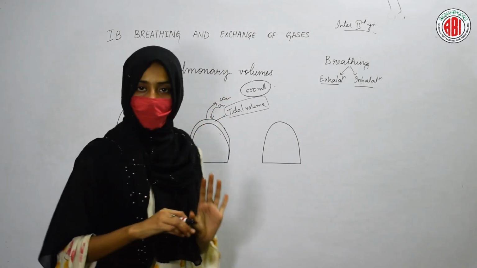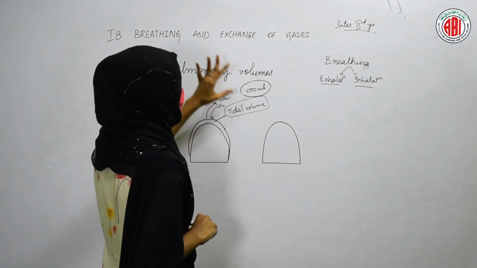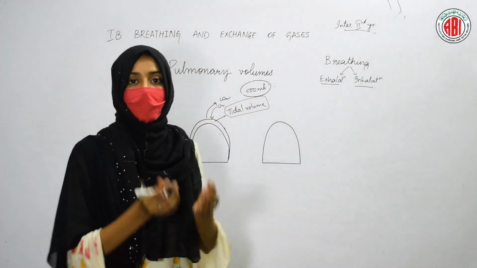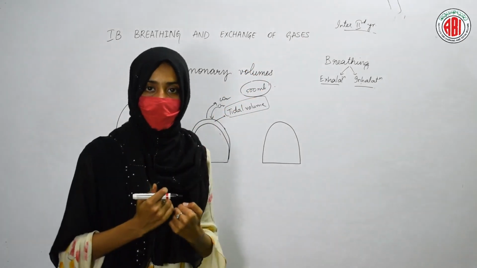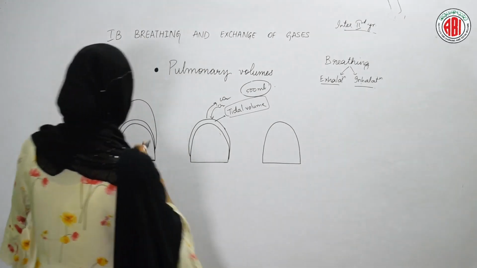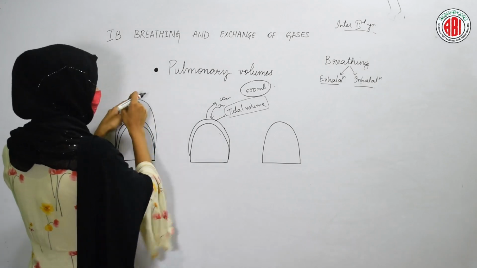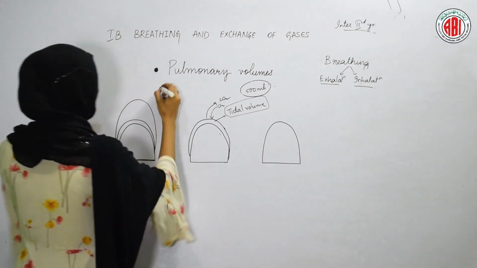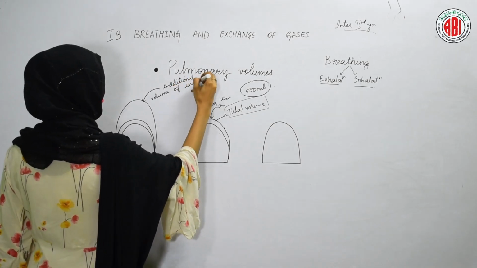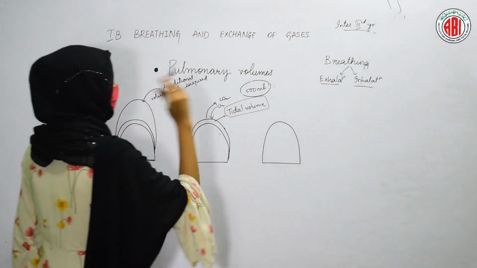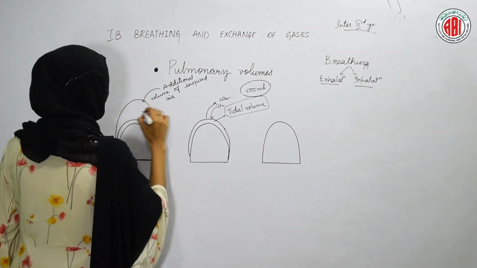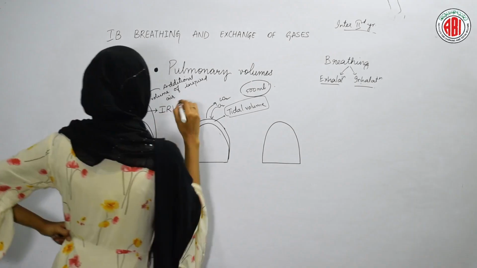So, if after a normal inspiration we take an additional amount of air into the lungs, then the lungs expand more, and that additional volume of inspired air after normal inspiration is named IRV.